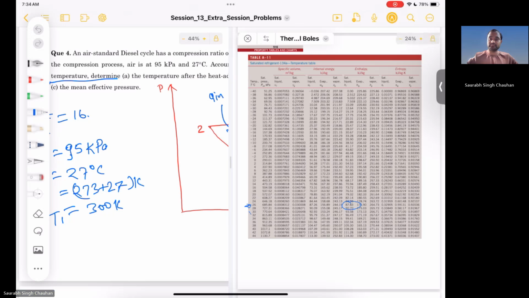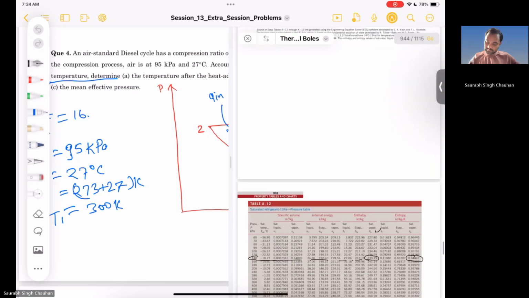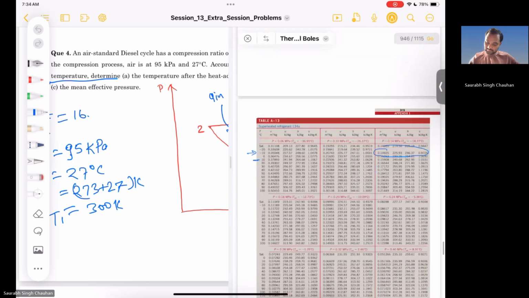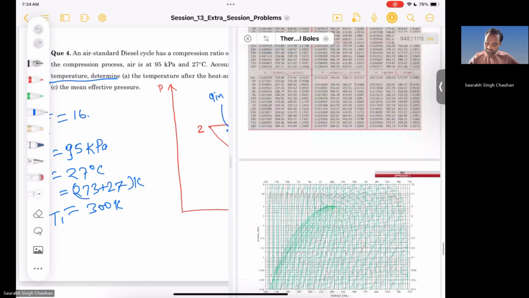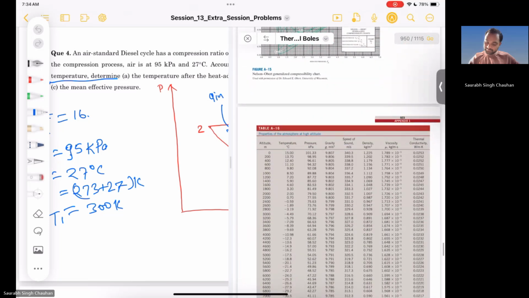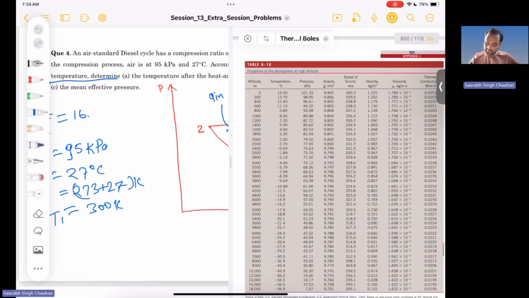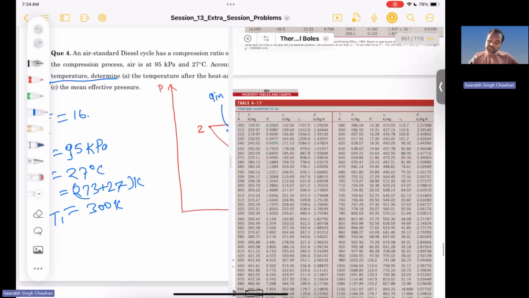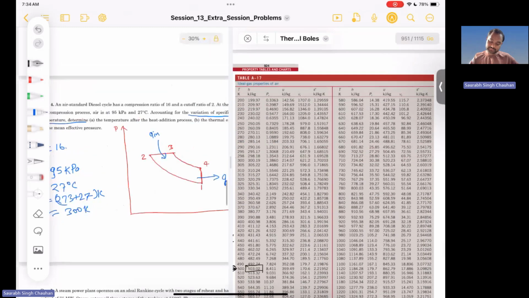We need the property table for air. Ideal gas properties of air.